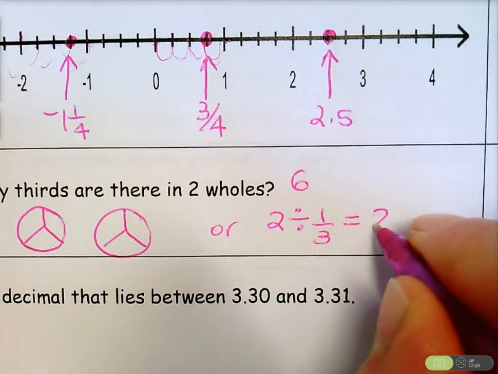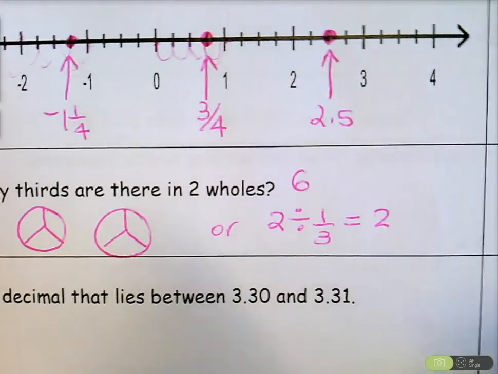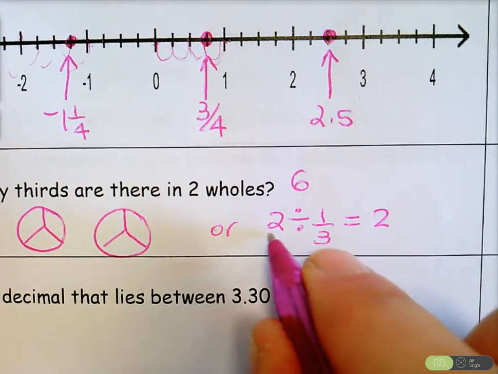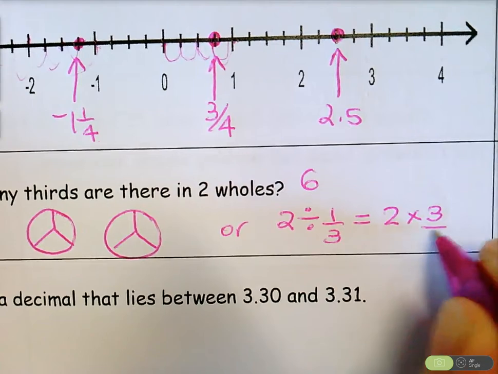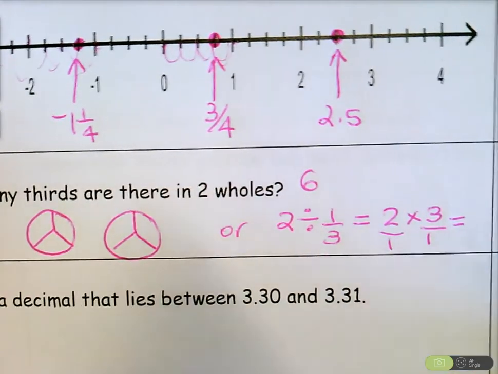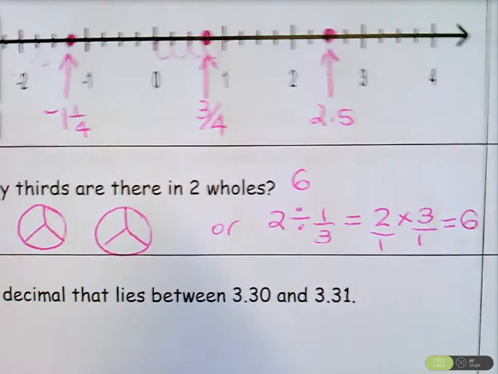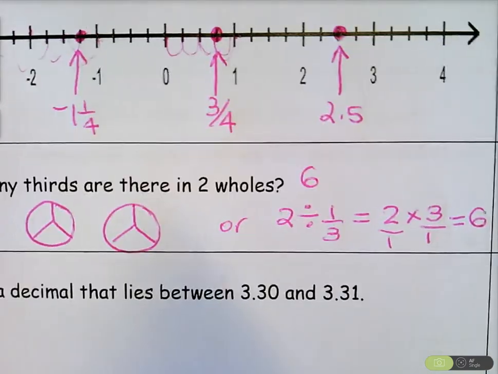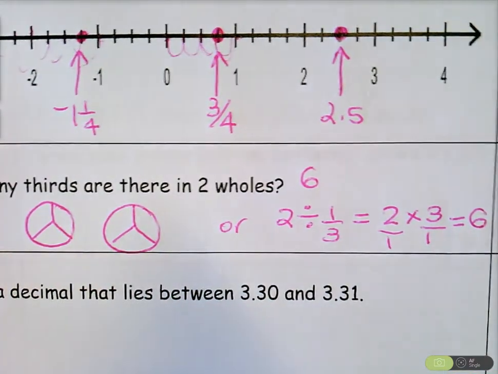How do I divide by a third? I go keep, change, flip. 2 times 3 over 1. So 2 over 1 times 3 over 1 is 6 over 1, which is 6. So girls, for that question, you can start off with two wholes and break them up into thirds.